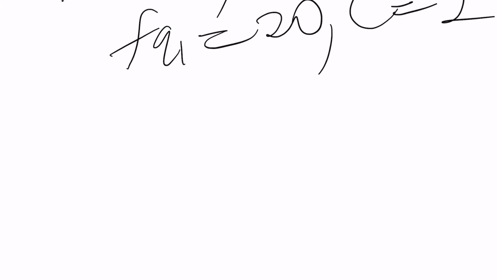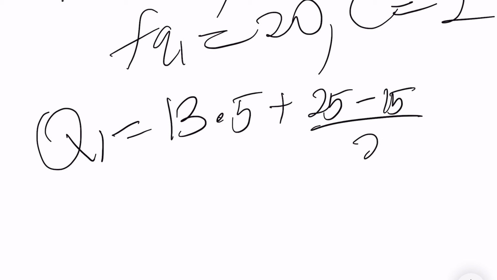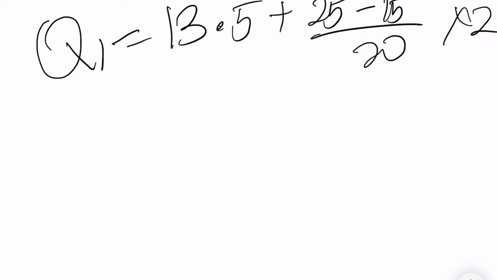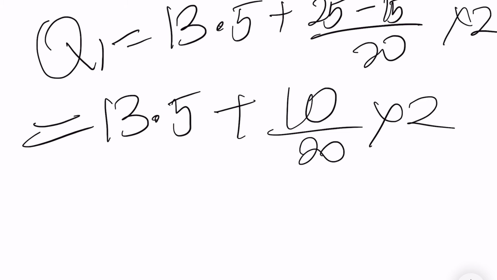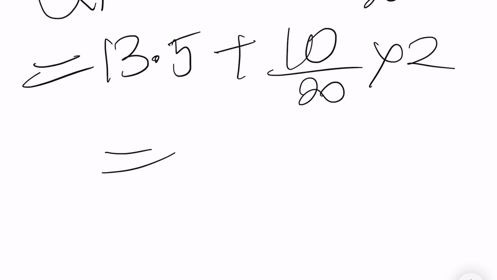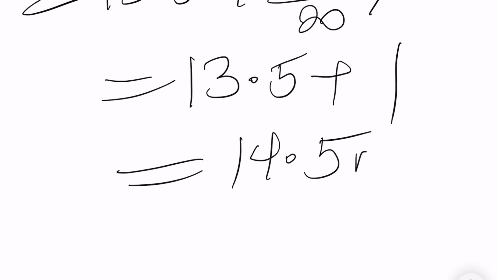So Q1 is 13.5 plus 25 minus 15 over 20 times 2, which is 13.5 plus 10 over 20 times 2, so 13.5 plus 1. So Q1 is 14.5 meters.